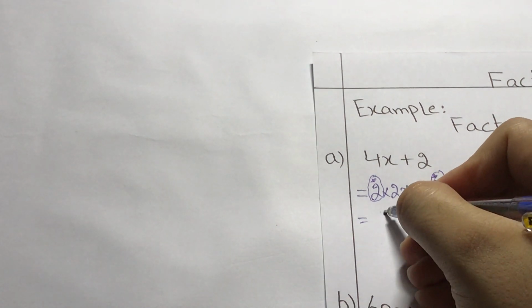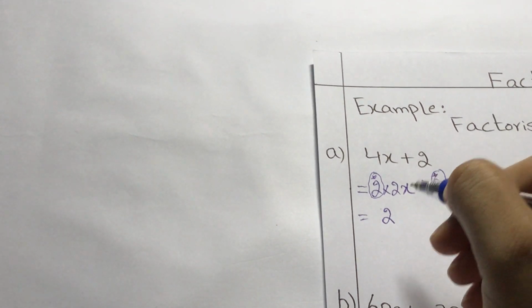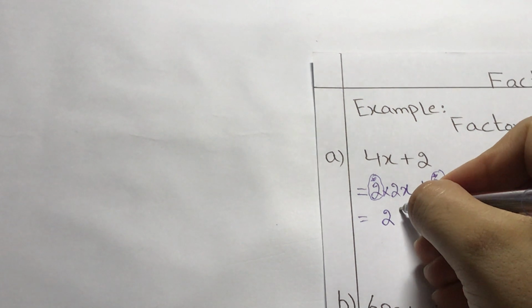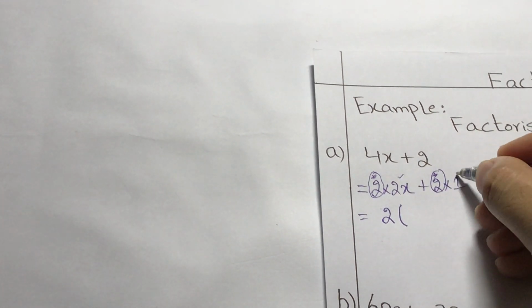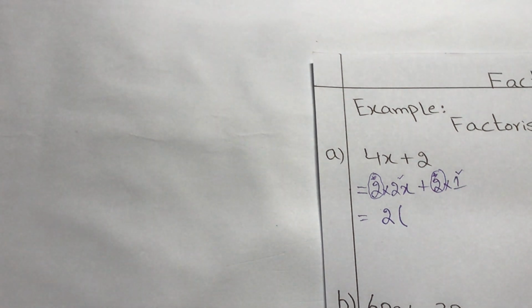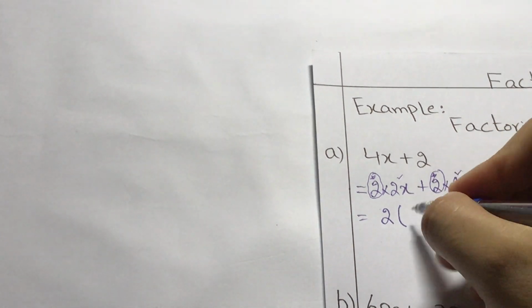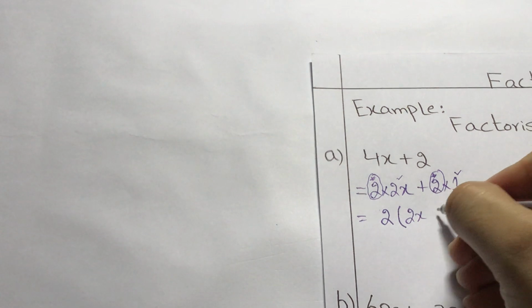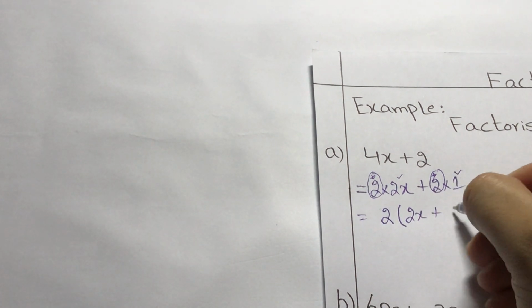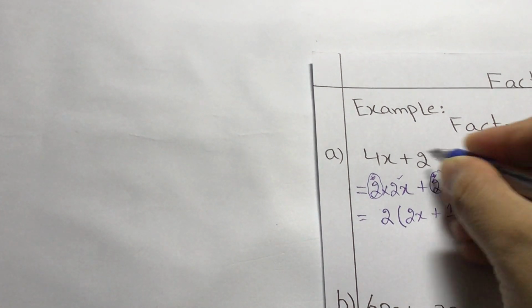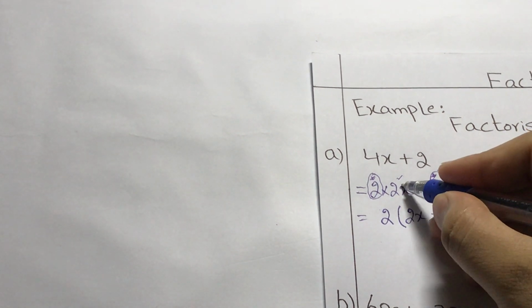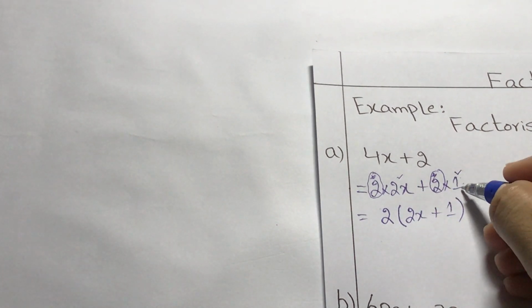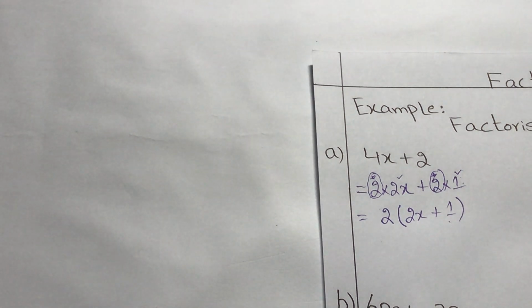and you will write your common factor only one time, and you will use a bracket and you will write your remaining numbers, right? What is left here? 2x plus 1. We have taken out our common factor outside of the bracket and we will write the remaining terms inside the bracket.